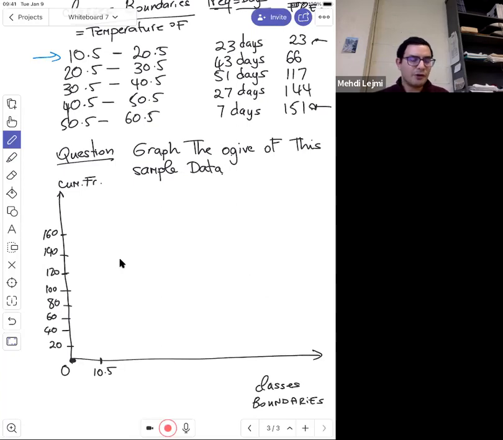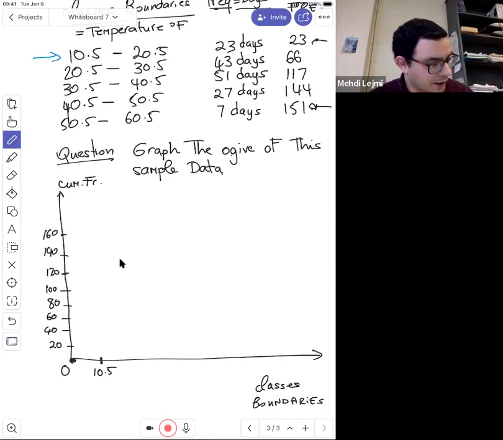So here 10.5 is kind of close to 0. That will be the lower boundary of my first class. I didn't measure any units here.